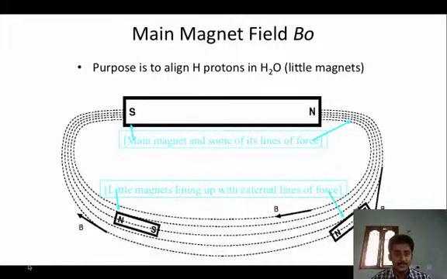So this is the basic magnetic principle. Magnetic lines of force travel from north pole to south pole, and the magnetic moments are shown. The protons are shown by small magnets. So these magnets will align in the direction of the magnetic field.